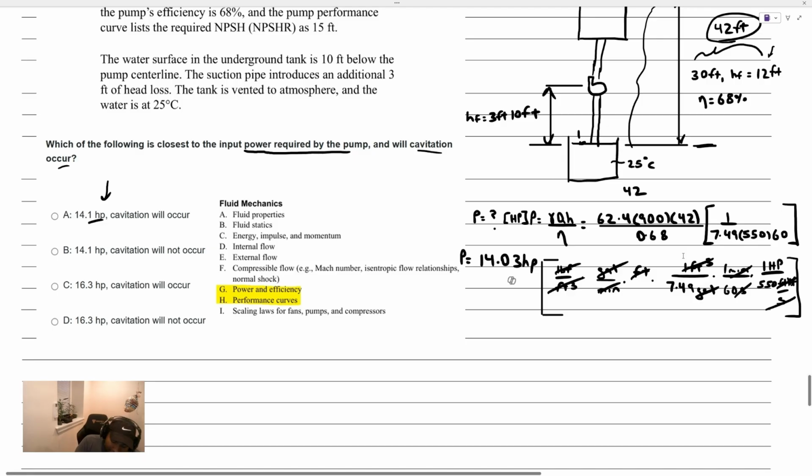And now we have to discuss the idea of cavitation, and that's where the idea of net positive suction head comes into play. So let's talk about cavitation. When you have a pump and you're pulling fluid from a reservoir that lies below the pump, as you travel up this tube, the pressure is decreasing.